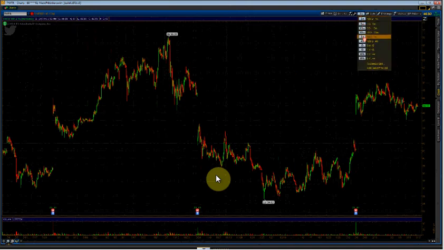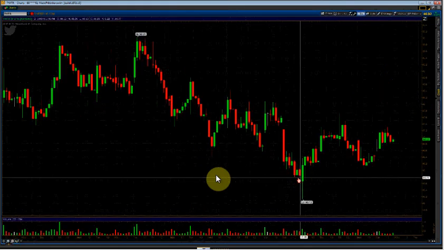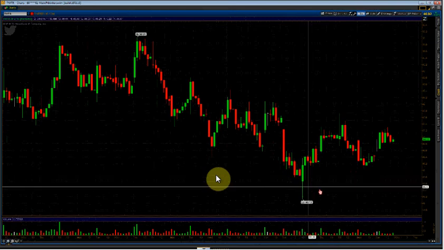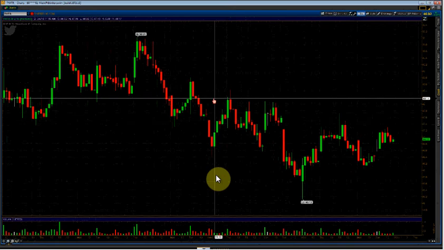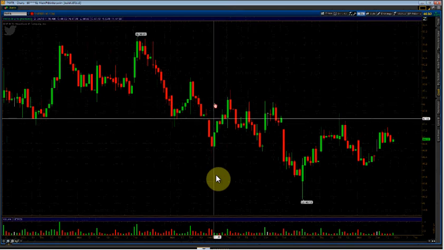Now, in looking at this chart in particular, I've pretty much determined myself that, hey, 60-minute chart, Fibonacci extensions work pretty good.